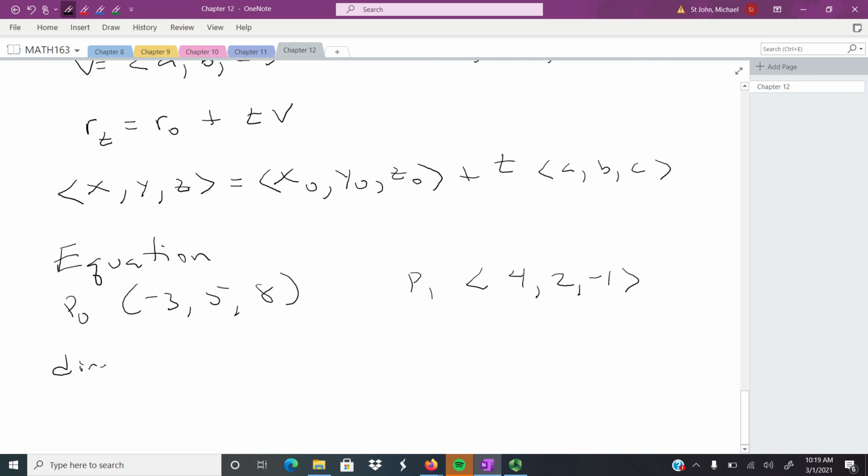So the direction V is equal to P naught P1, which is going to be 4 minus the minus 3, 2 minus the 5, and minus 1 minus 8, which will give us 7, minus 3, minus 9.